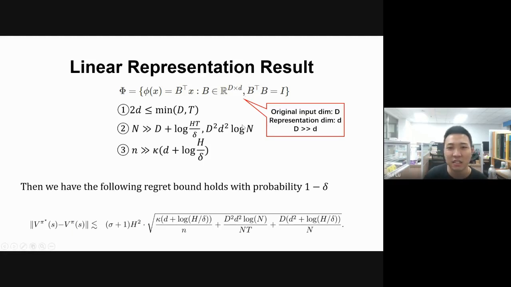Actually, in the linear representation class, what you really optimize is the product between this B and the W, which is actually just a capital D dimensional vector, because you're learning a regression problem, and then you have a bunch of capital D dimensional vectors.